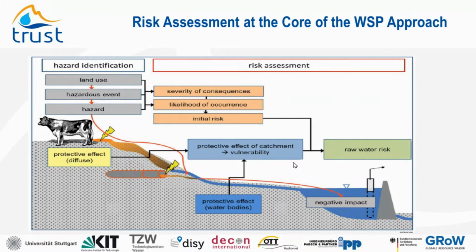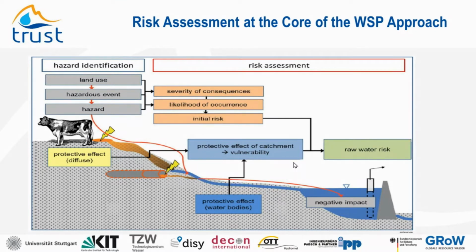Here we have a little exemplary schema. Risk assessment is always about identifying potential hazards to your water quality. Hazards, if we consider the catchment area, are often closely tied to the land use observed. A specific hazardous event normally has a certain expected severity of impact and a likelihood of its occurrence.